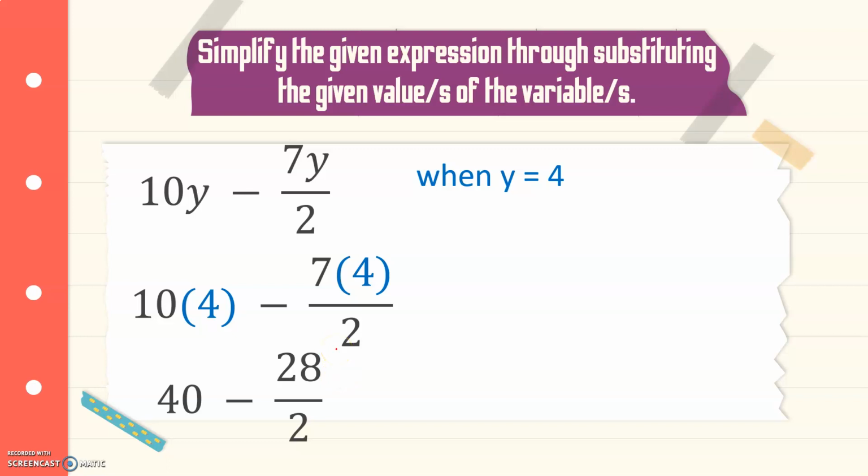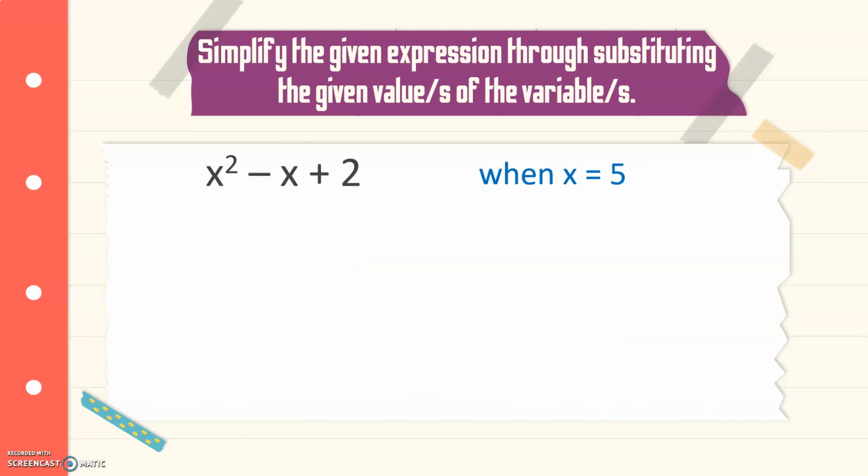So we'll have 40 minus 14. Okay, so 28 divided by 2 is equal to 14. So we now have 40 minus 14, that is equal to 26. So the value of the expression 10y minus 7y over 2 when y is equal to 4 is equal to 26.